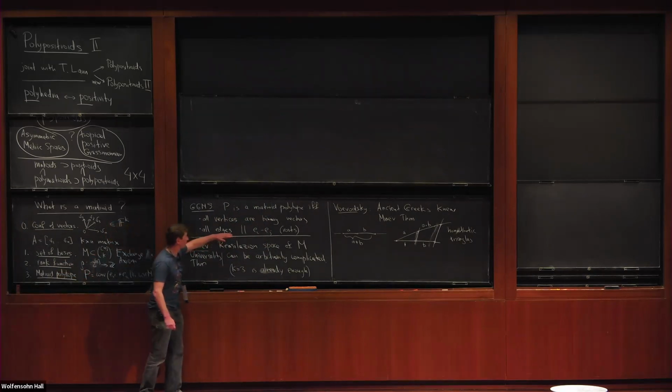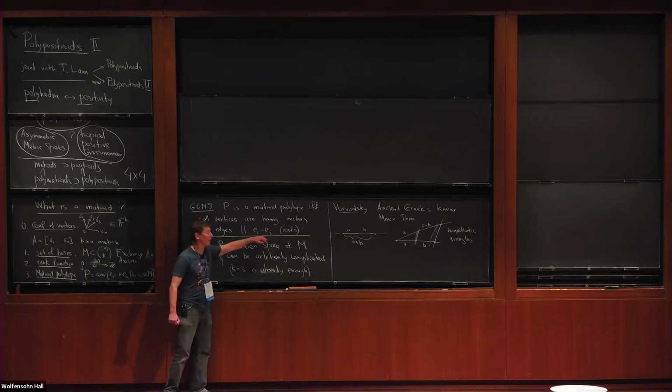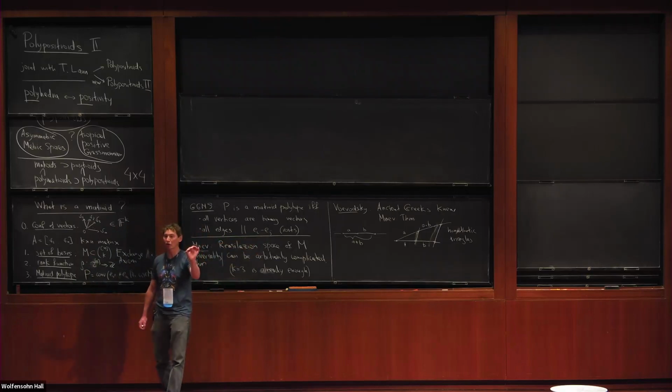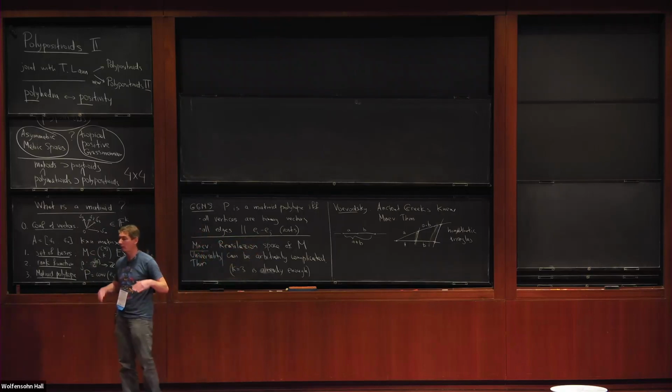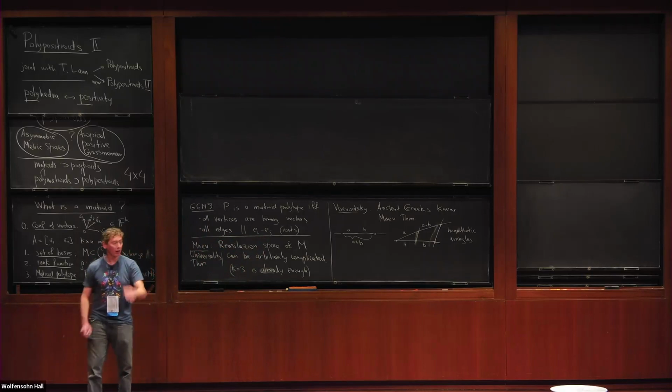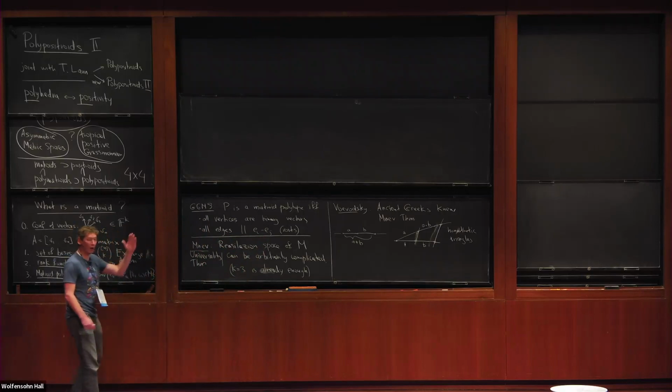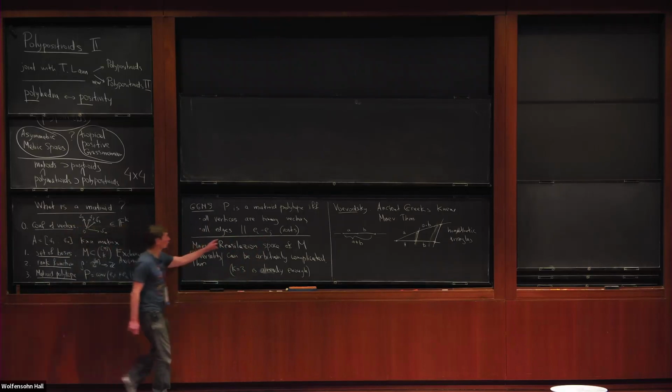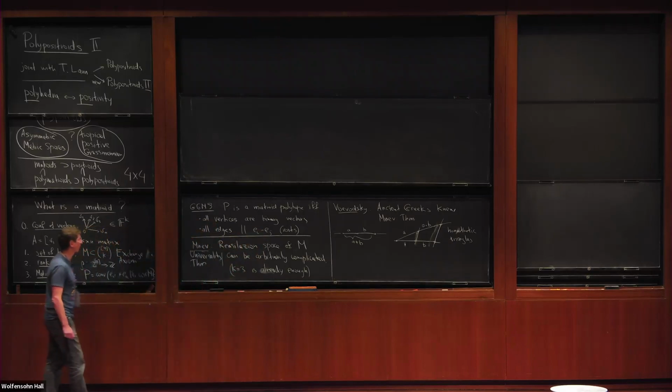But the important thing is that all edges are parallel to e_i minus e_j. So you increase one coordinate by 1, you decrease another coordinate by 1. I'm going to call these e_i minus e_j roots. So all edges are parallel to roots.